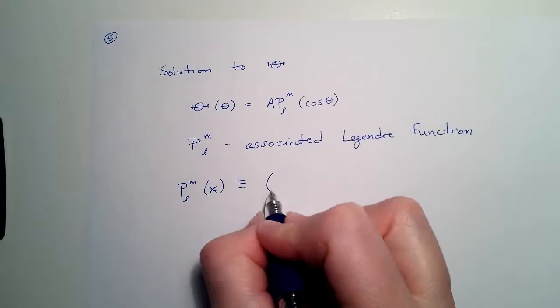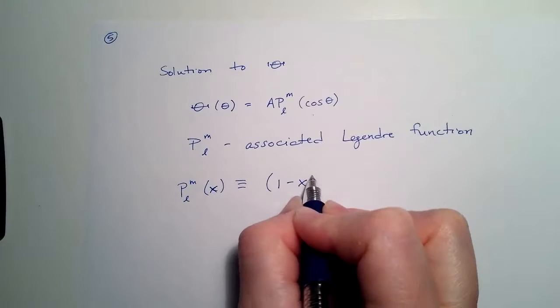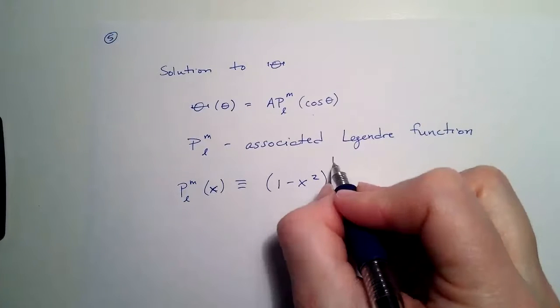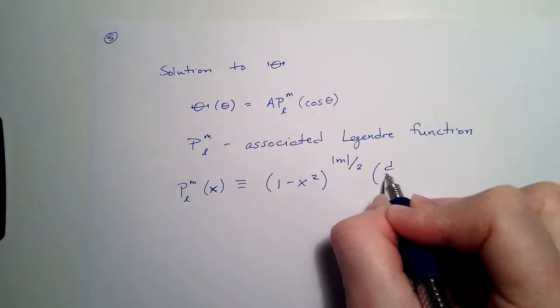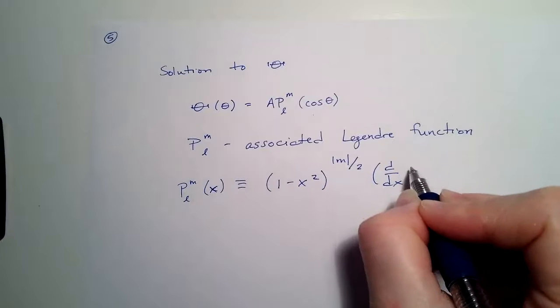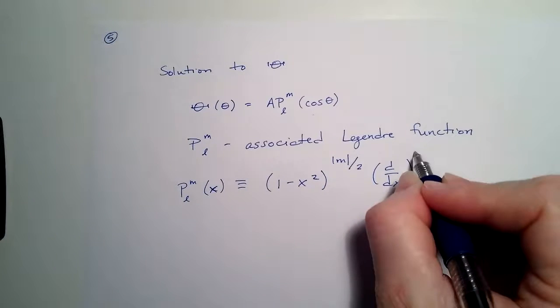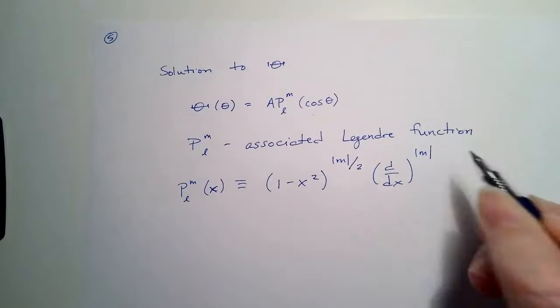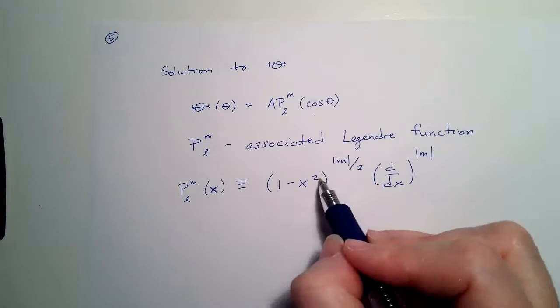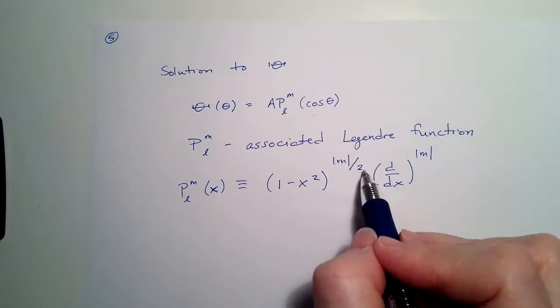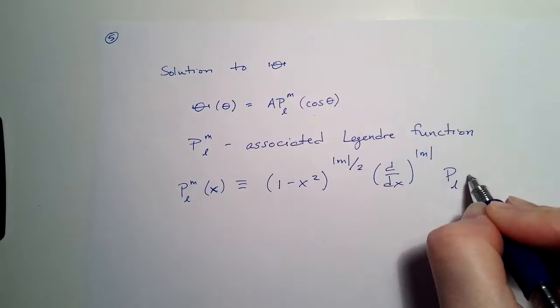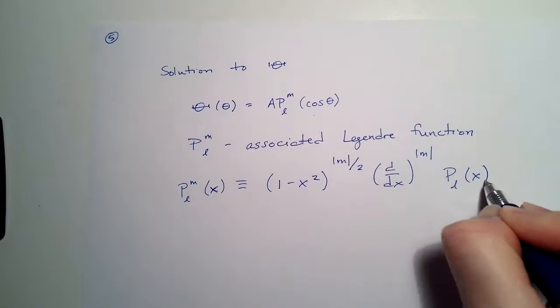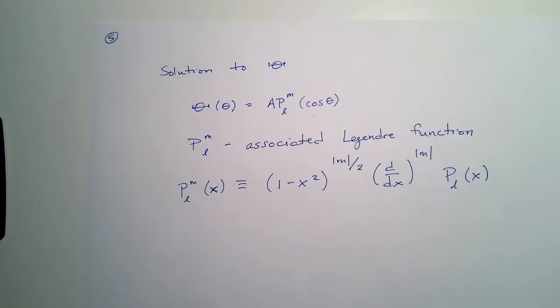In general, the definition looks like this. A derivative with respect to x, m number of times, 1 minus x squared to the m over 2, and then our function, right?